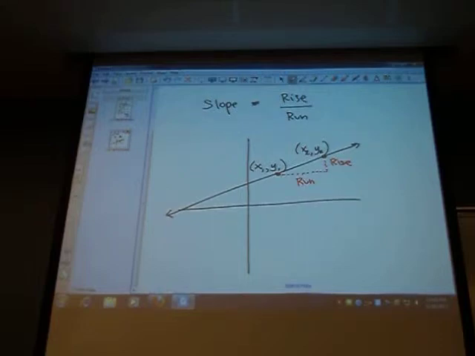Now the rise is how far I have to go to get from one y value to the next, so we look at the difference in the y values. The rise is equal to y2 minus y1. I want to start with the higher one and subtract the lower one in order to make that positive.